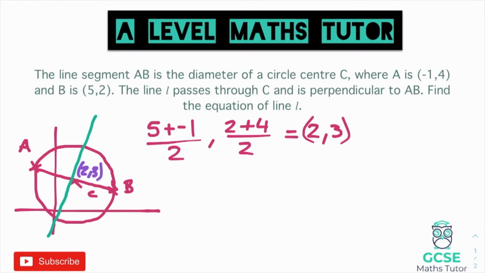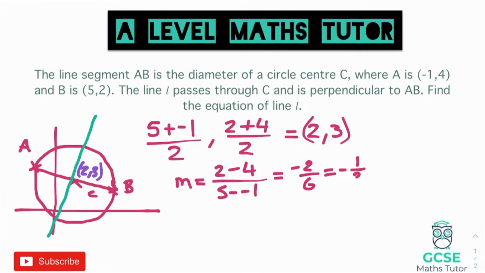So how do we go about finding a perpendicular line? First of all, we want to find the gradient of AB. For finding the gradient, y2 minus y1, that is the y-coordinate of B, take away the y-coordinate of A, over the x-coordinate of B, which is 5, take away -1, the x-coordinate of A. That comes out as -2 over 6, which is -1/3.